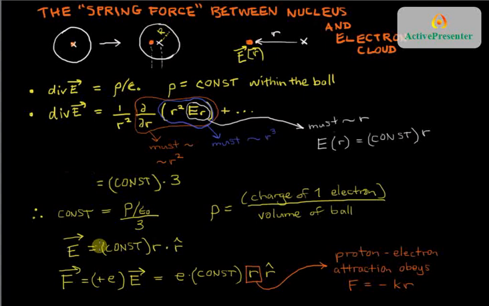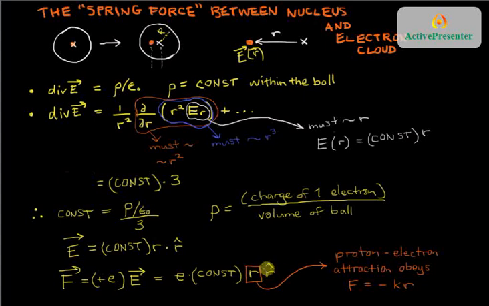So the electric field, again, is some constant times r in the r hat direction. So the force on the proton, on the nucleus of this simple hydrogen atom, is going to be the charge of the nucleus, which is positive e, e is the elemental charge unit, times the electric field, which is going to be electron charge times constant times r hat.